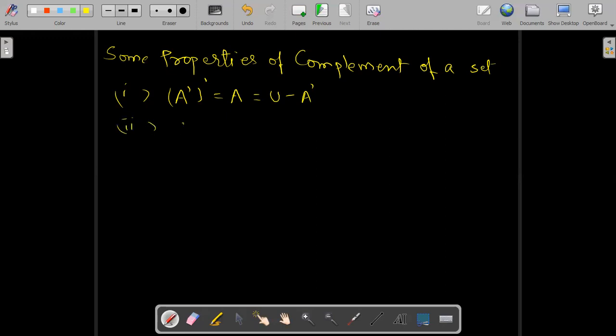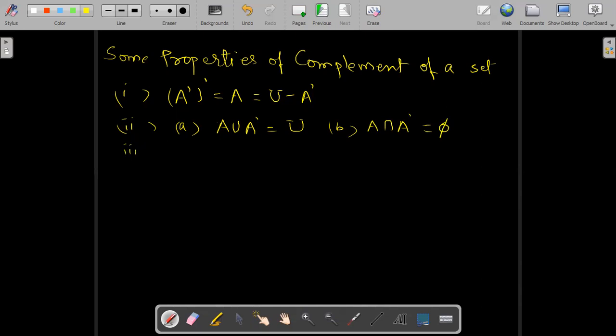The second law is divided into two parts. A union A complement: A and its outside area, if we take it all, becomes the universal set. And part B: A intersection A complement means the outside portion and inside portion have no common portion, so that will be the null set.